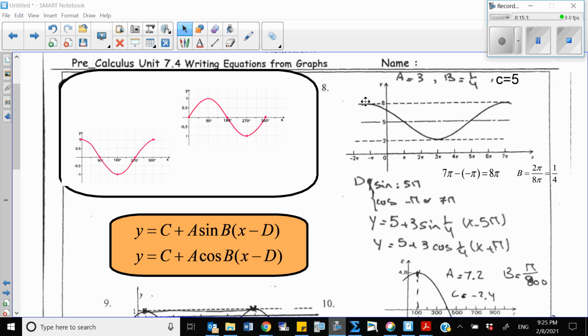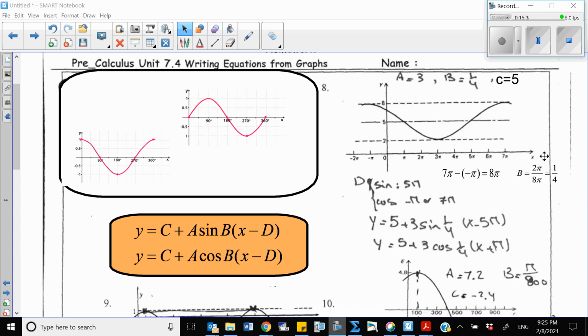So this high point starts from negative pi, the other one starts from 7 pi. So what is the distance between them? I'm going to subtract them. 7 pi minus negative pi is equal to 8 pi. Okay, so this is the period of the function. Now, to find the B value, you're going to divide the period of the parent function.